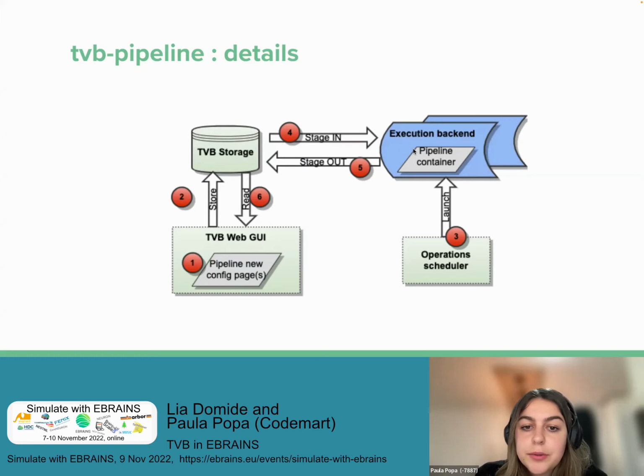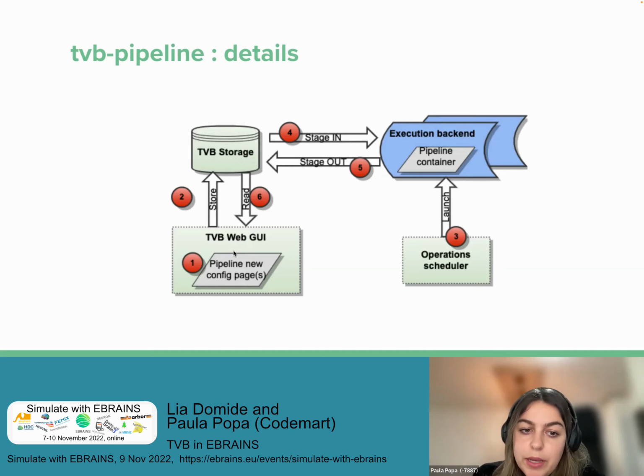And via Unicore, we can schedule the pipeline job and stage in the raw data at the HPC site. Once the job has finished executing, the results are staged out from the CSCS to the TVB storage, and then we can make them visible in the TVB web GUI.